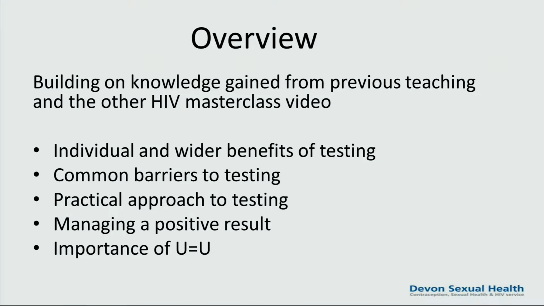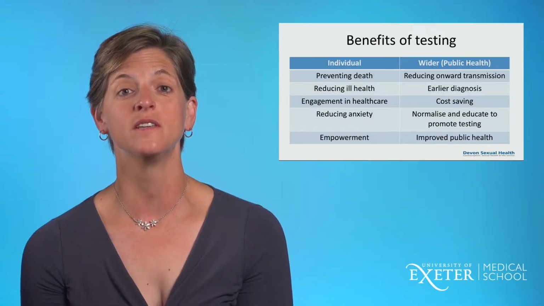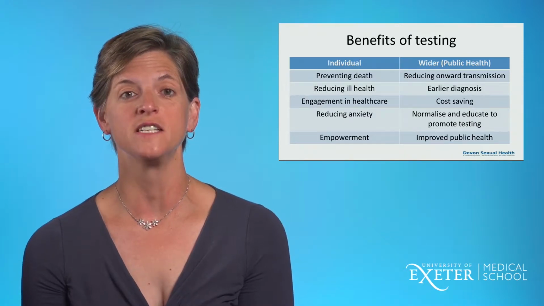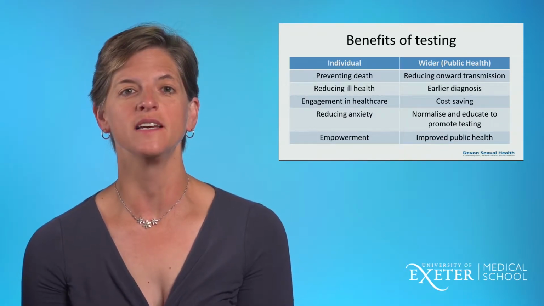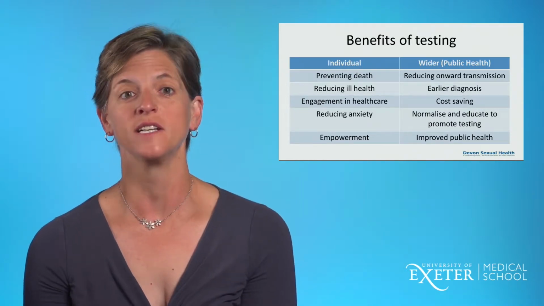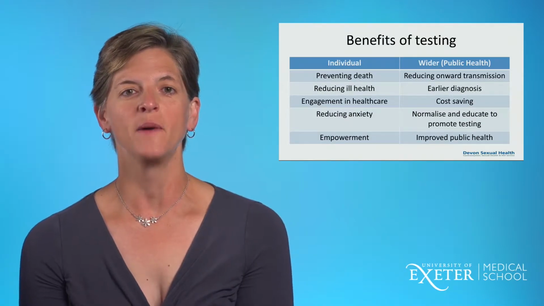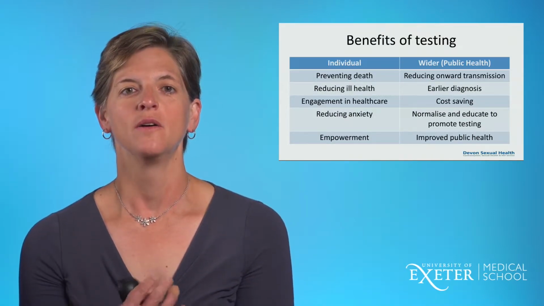So if we have a think about the benefits of testing, we can divide it like this into benefits for the individual and benefits to wider society. And it's easy to focus on the health benefits, which are fairly evident.